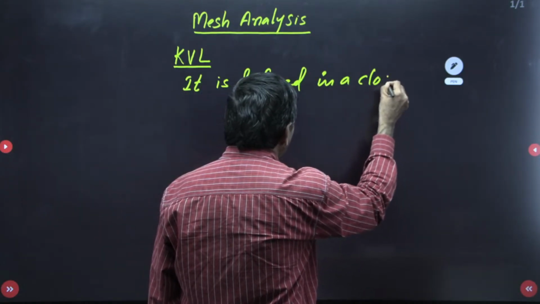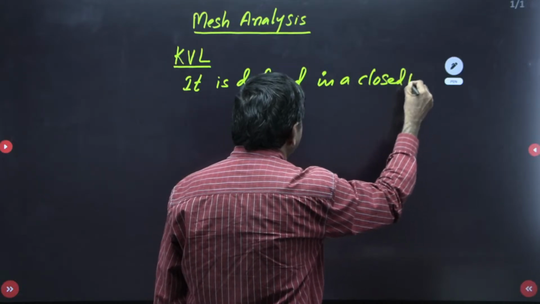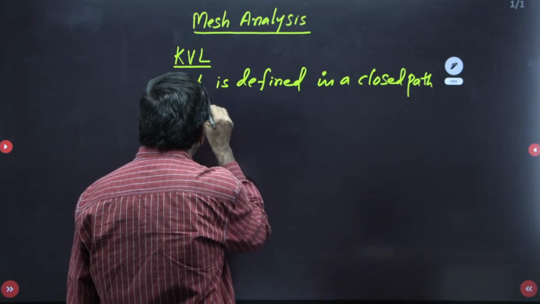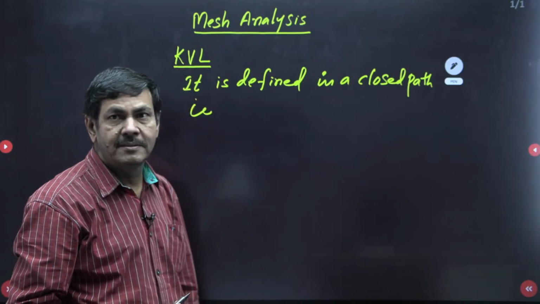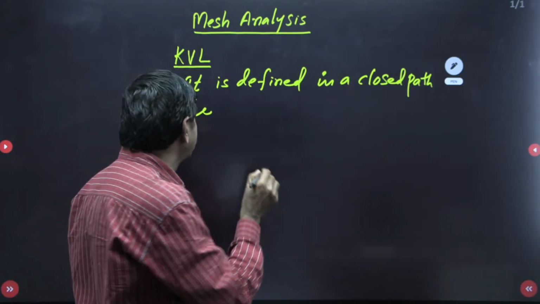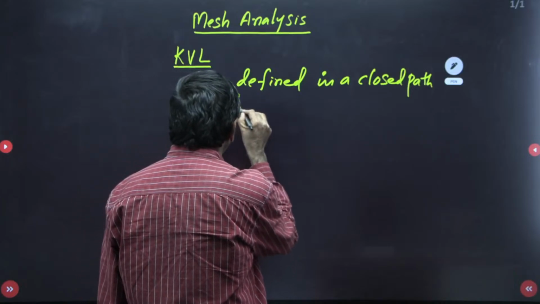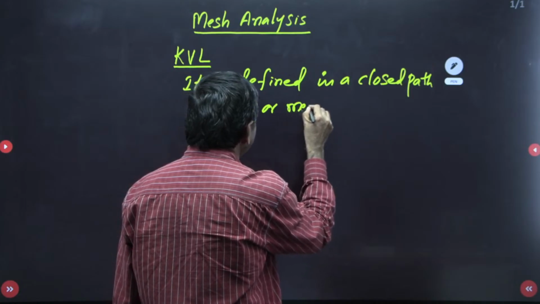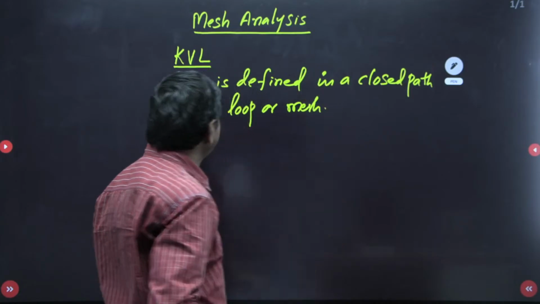In a closed path, that is very important. Closed path means what? Loop or mesh. Loop or mesh is a must.